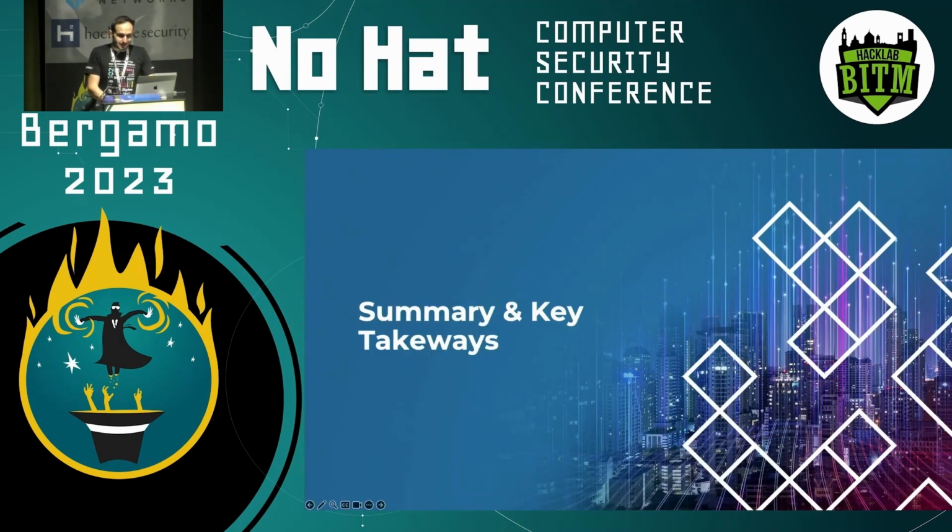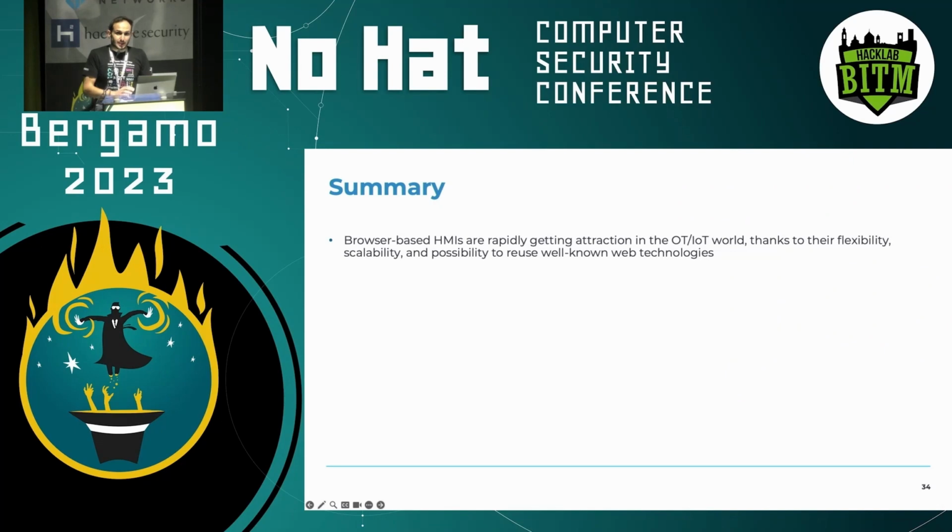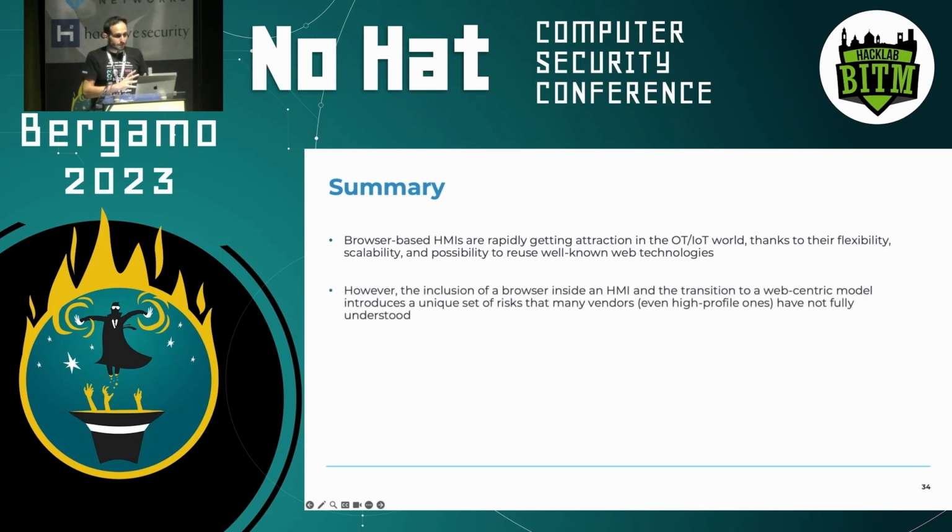Wow, we have packed a lot in today. So let's conclude this presentation with a summary and some key takeaways. Browser-based HMIs are rapidly gaining traction in the OT and IoT world thanks to their flexibility, scalability, and the possibility to reuse well-known web technologies. However, the inclusion of a browser inside an HMI and the transition to a web-centric model comes with a unique set of risks that many vendors, even high-profile ones, have not fully understood.